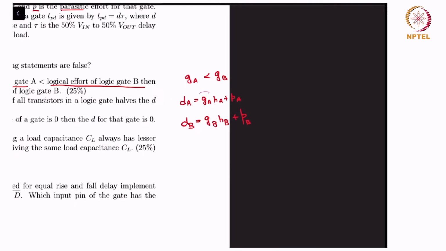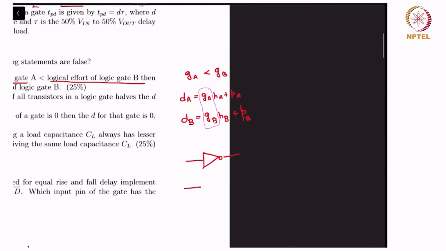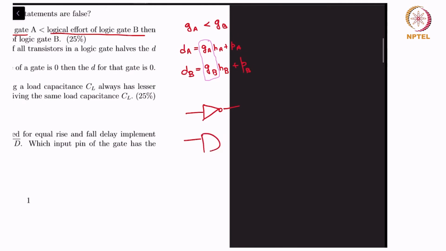Now, it's not necessary that just because GA is less than GB, that even GAHA is less than GBHB. It could be that the logic gate A, for example, is an inverter and the logic gate B is an AND 2 gate. This has logical effort 1, and this has logical effort 4/3, right?